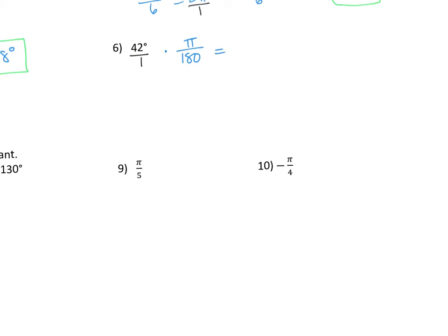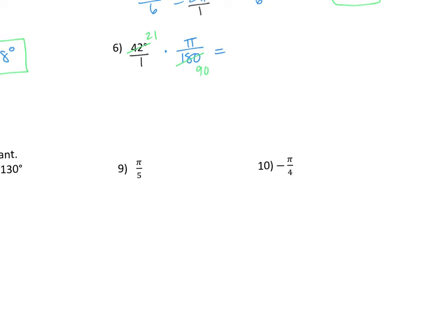Looking at this here, 42 and 180 are both even numbers, so I can try to reduce this. Let's see if 180 is divisible by 42. I don't think it is. So I'm just going to divide by 2 first. 2 goes into 42 21 times, and 2 goes into 180 90 times.